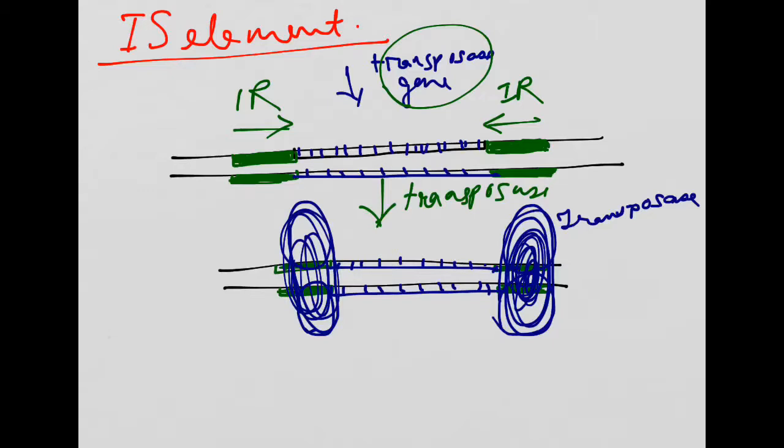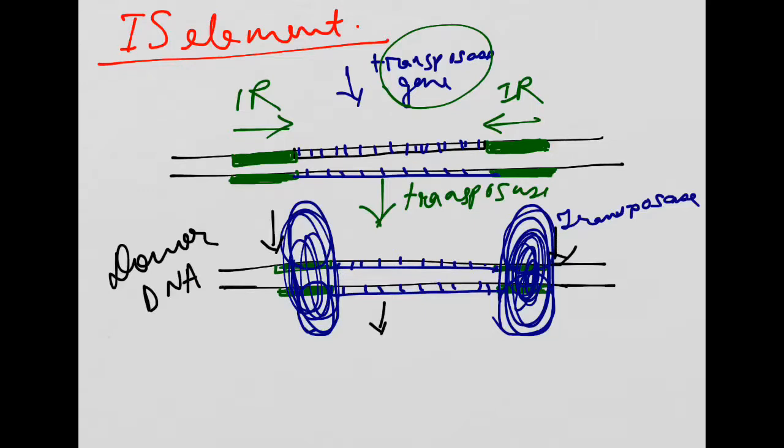Okay. Then what happens? Next step is because of the binding of the transposase enzyme, they result in formation of cuts. They make cuts in the donor DNA. Suppose this is your donor DNA. They will make cuts here and here, and that will be separated.